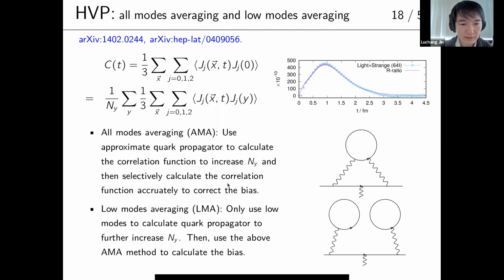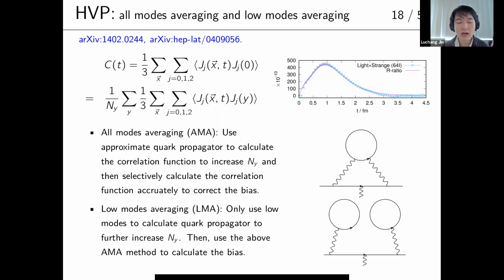Another important method is called low mode averaging. If we recall, a fermion propagator is the inverse of a sparse Dirac matrix, and we can calculate the eigenvectors of that Dirac operator. The most important eigenvectors are the ones with the smallest eigenvalues. Therefore, when we try to calculate the inverse, those become the most important part.